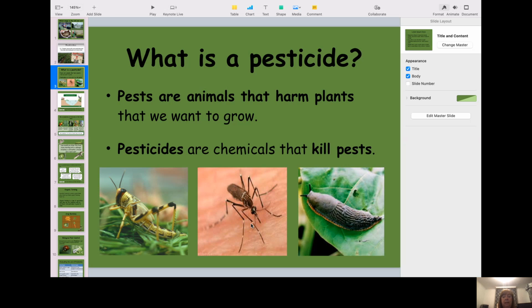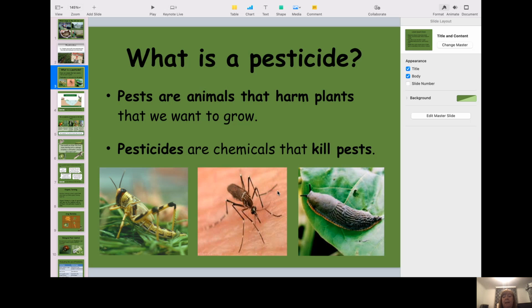I don't know whether you've had mosquito bites in the summer, but they itch, they get really, really red, and they're really unpleasant. And then this little guy here, that's a slug. We planted loads of plants in our garden this year, and when we got up the next morning, the slugs had decimated them, so we had to get a slug repellent.